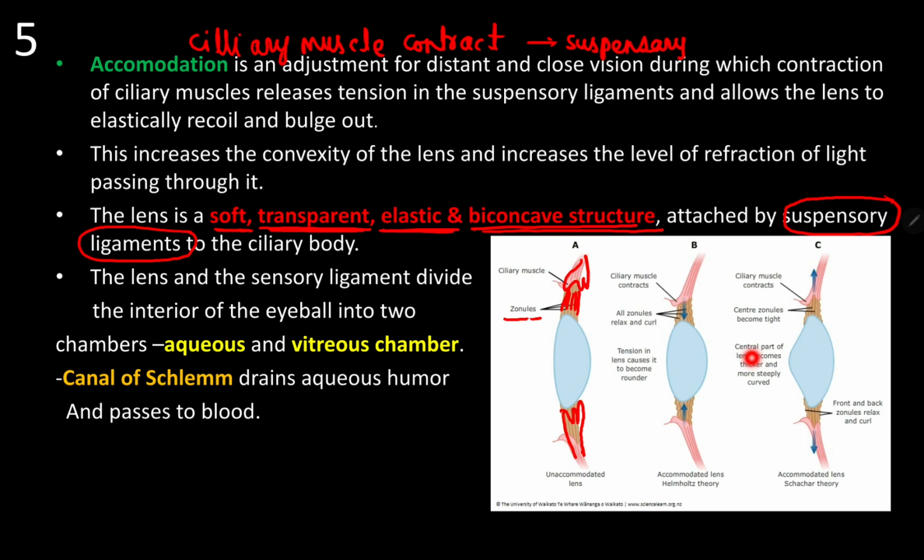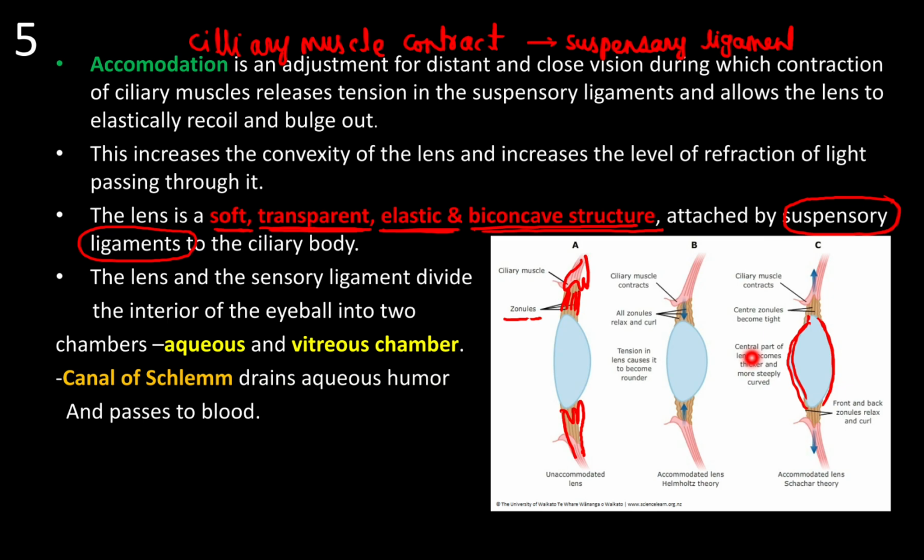When the suspensory ligament relaxes, the stretching on the lens decreases, and when the stretching of the lens decreases, it becomes more globular.